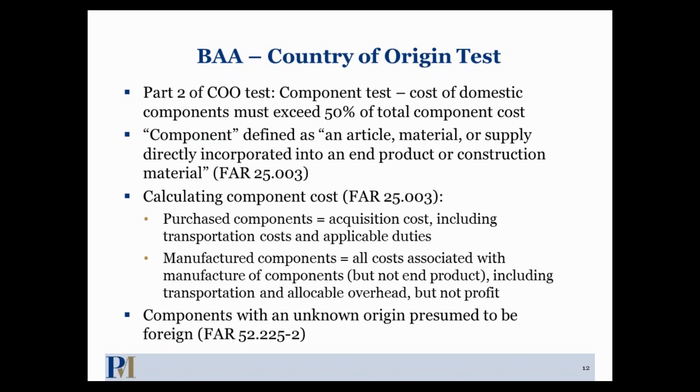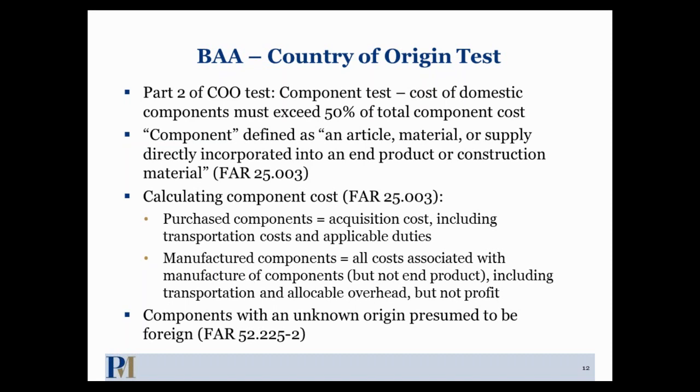And GAO held that the fabricated steel parts were the components and not the U.S. steel that was made in the U.S. because the steel was not directly used in the end item. Instead, the steel was fabricated in Korea into the different parts that were used to manufacture the end item. So the steel cost, which was the subcomponent cost, was irrelevant.